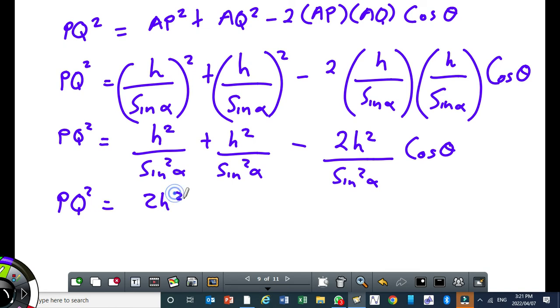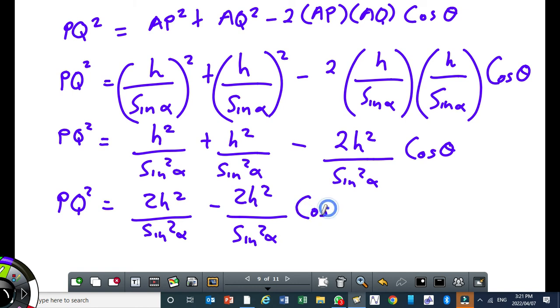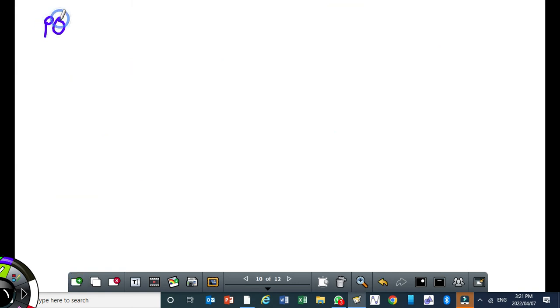I'll get 2h squared over sine squared alpha minus 2h squared over sine squared alpha times cosine of theta. Do you see a common factor? Let's take out the common factor.